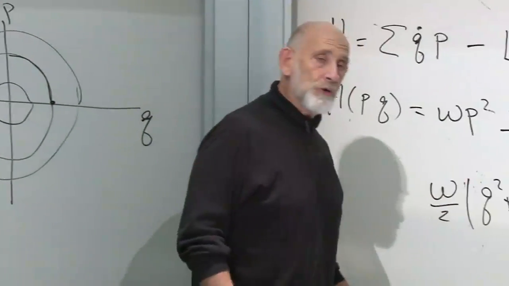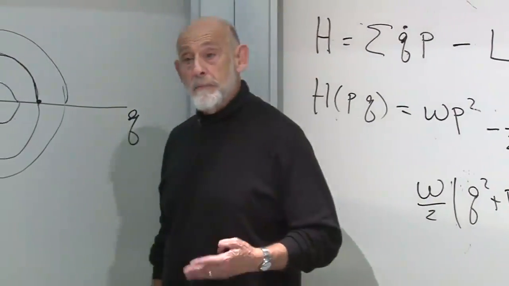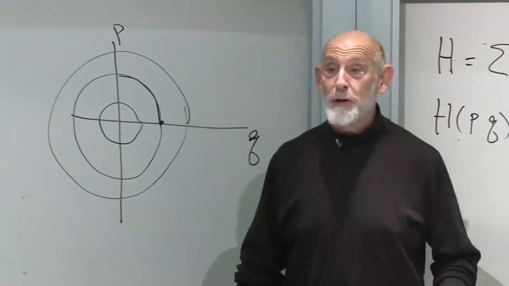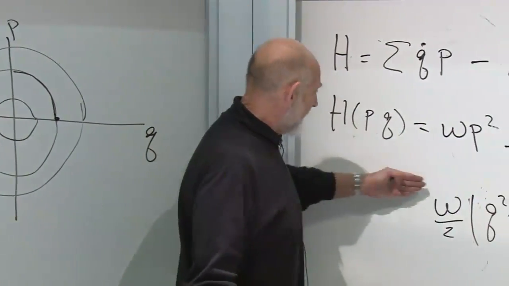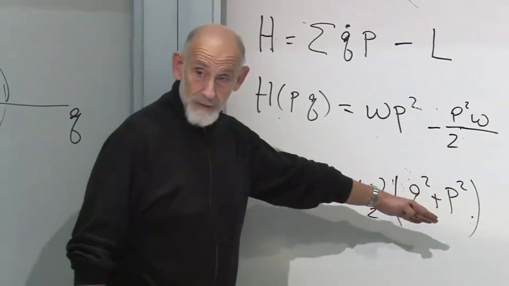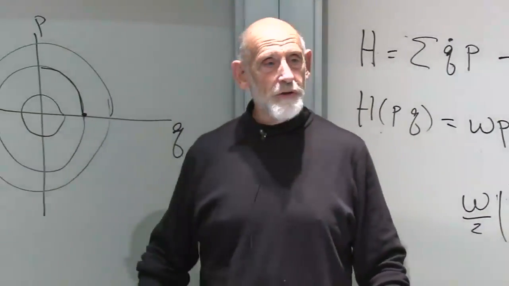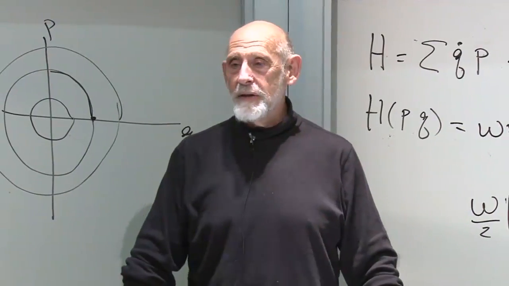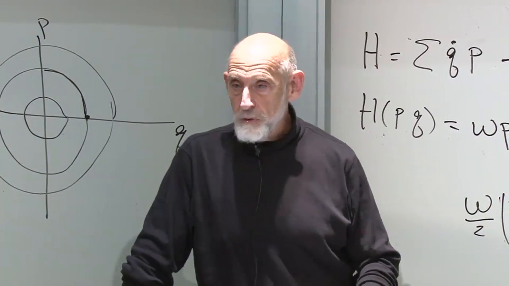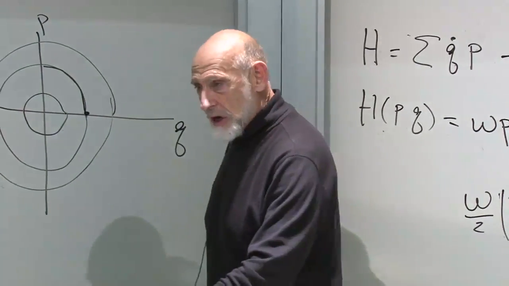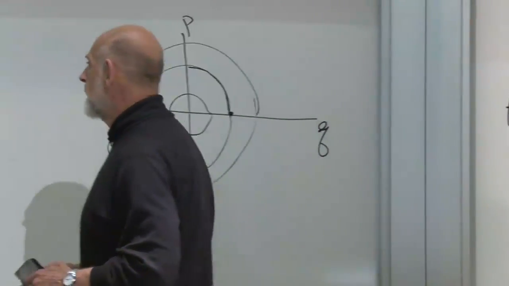Whatever the value of q squared plus p squared when you begin, it must stay that. That means it has to stay in a circle. Why must it stay that? Because we already know that this thing is the energy, and energy better be conserved. On the other hand, we should try to see what the equations of motion actually say, in Hamiltonian form.